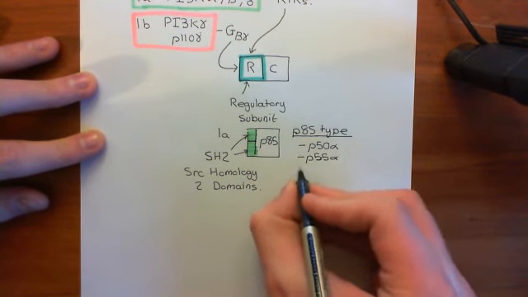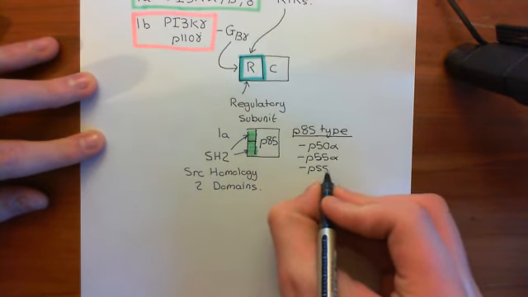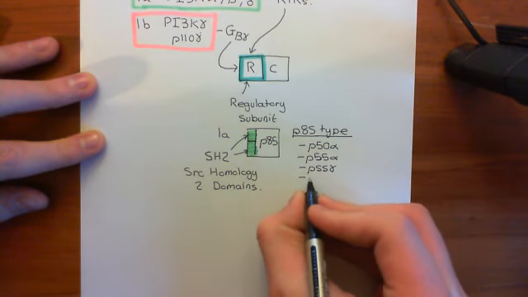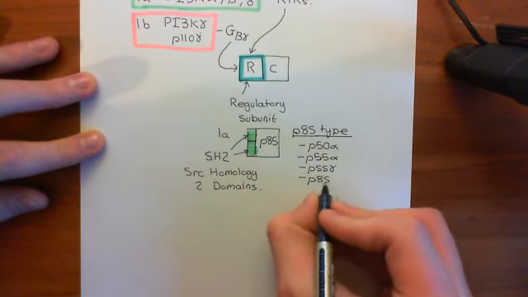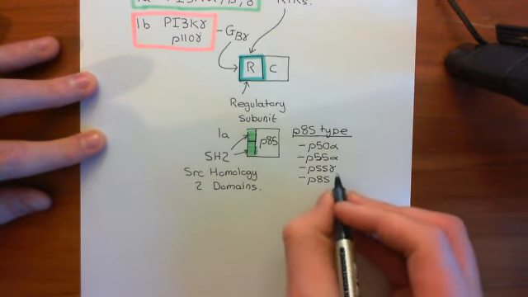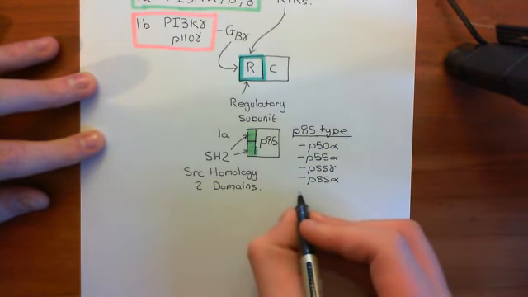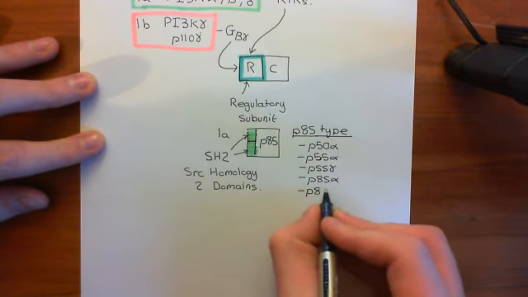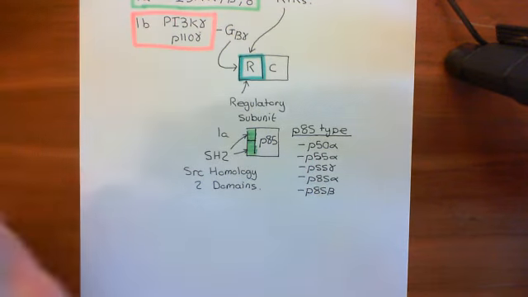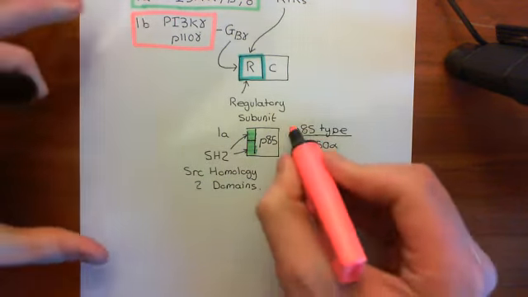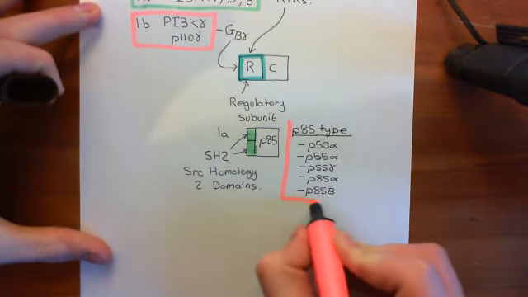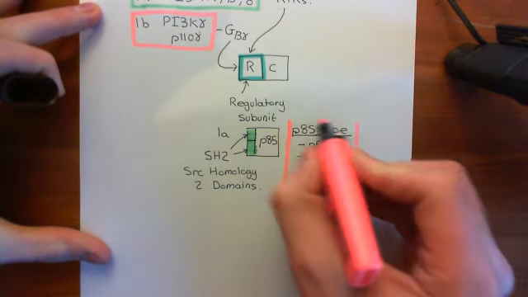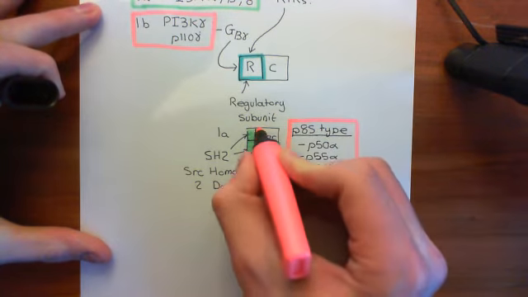Okay, so P55 alpha and P55 gamma are the second and third. And then finally, there are some that are actually called P85s themselves. And there is P85 alpha and then also P85 beta. Okay, so these are the 5 different P85 type regulatory subunits here, in red, like so.